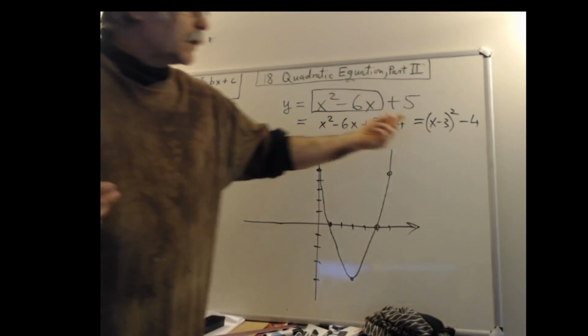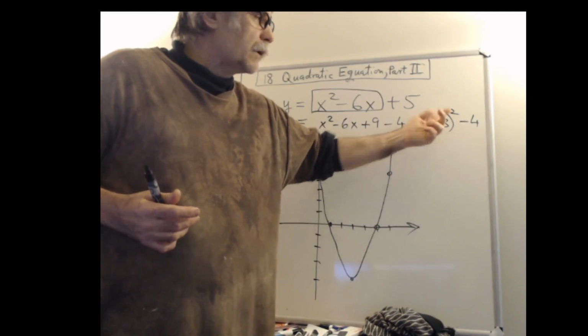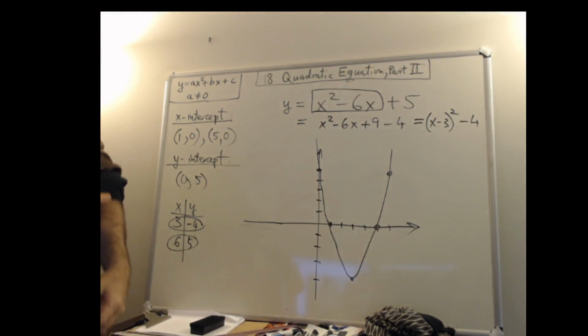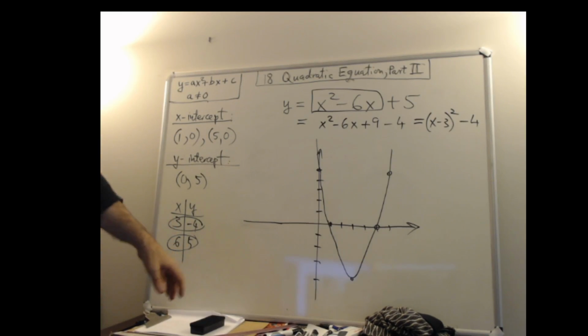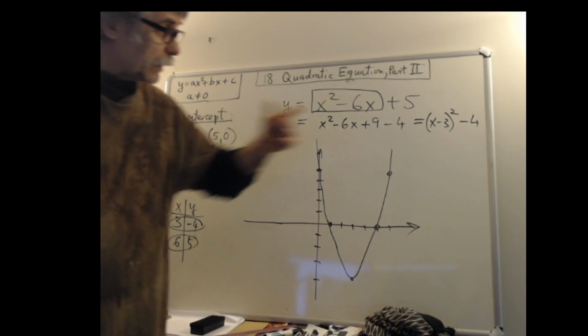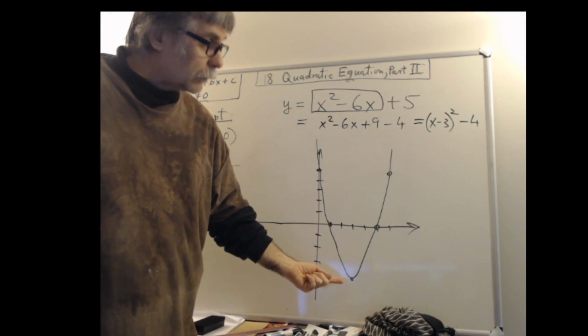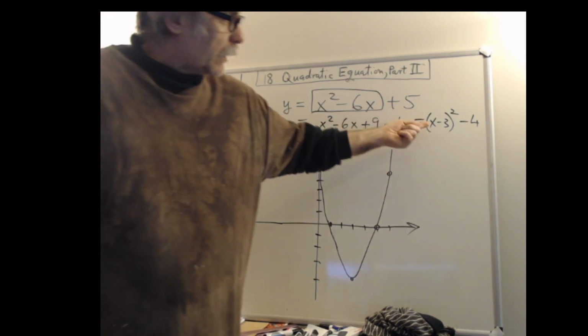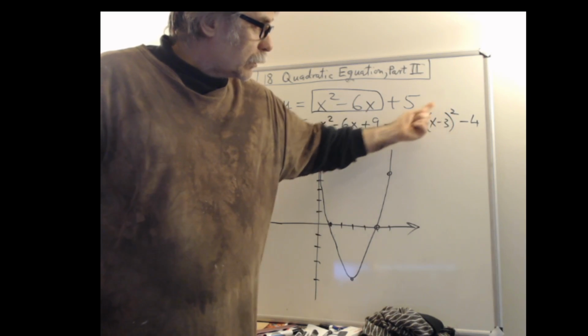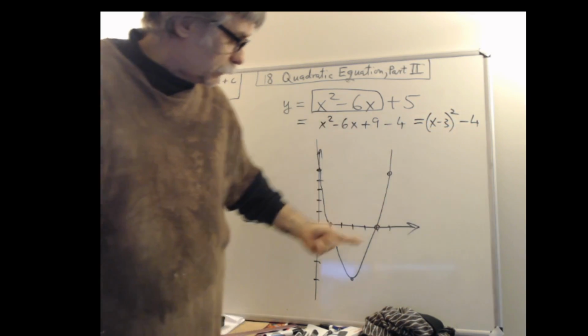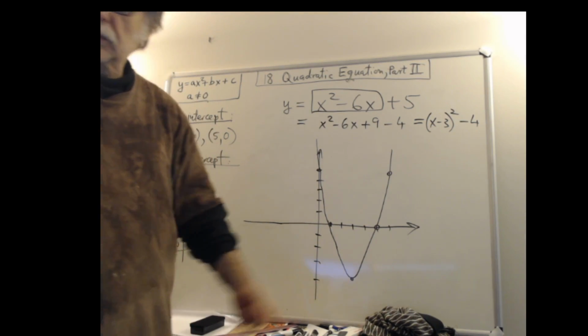If x is anything else, you're going to have some number here, and when you square it, it's going to be bigger than 0. So the lowest you can get is 0, and that's happening when x is equal to 3. Right here, you will get the lowest y. And what is that going to be when x is equal to 3? This is going to be 0, so you're going to have negative 4. Negative 4 is the lowest you can get here.